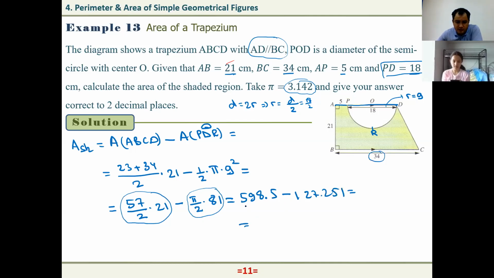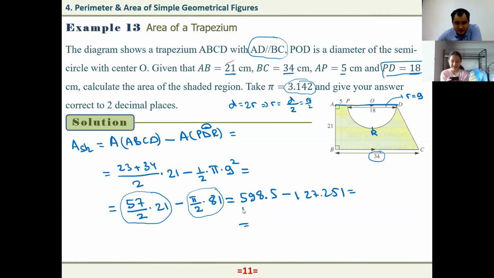What do you get here? 598.5 minus 127.251. I got negative 598.5. Oh my God, what's wrong, Shahina? First key in this one.